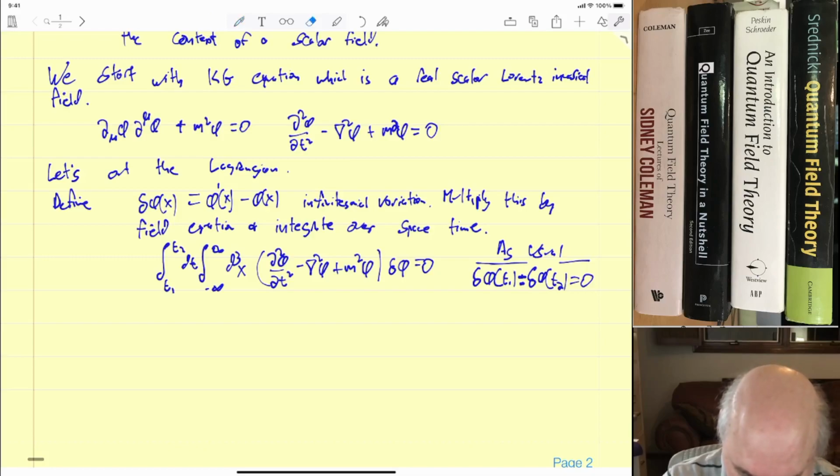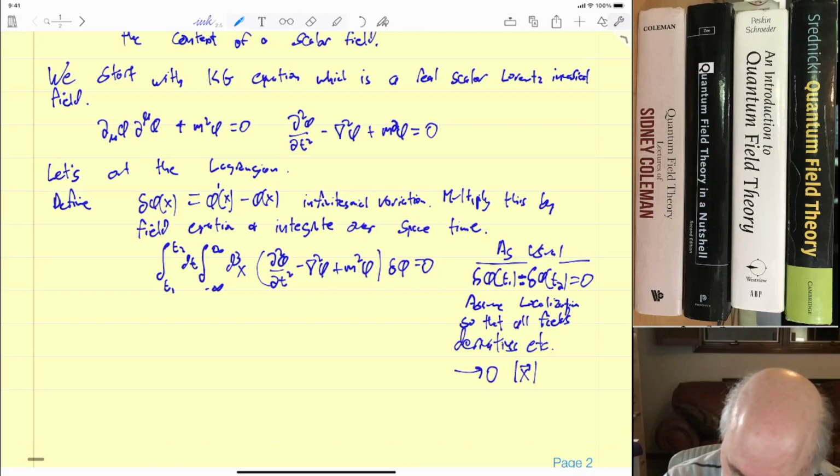And we're also going to assume localization, so that all fields, derivatives, etc., go to 0 as the absolute value of space goes to plus or minus infinity.